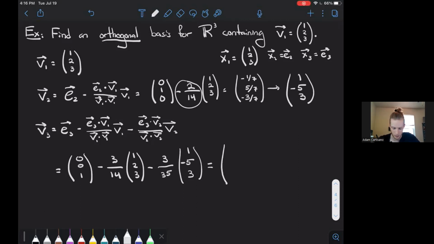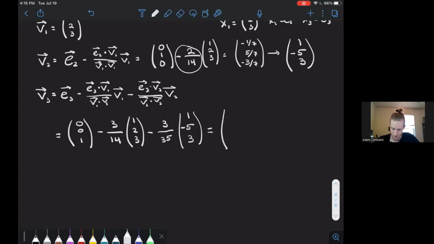So this vector that we're going to write down is going to be gnarly. I'm looking at negative 3/14 minus 3/35, and then negative 6/14, so negative 3/7, plus, here's the plus, 3/7, positive 15/35.